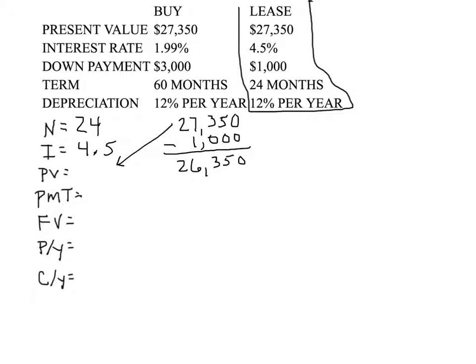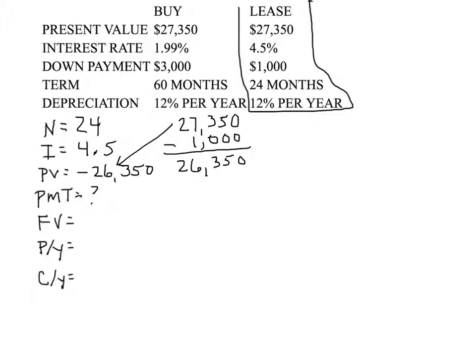So your present value, we always make that a negative, will be negative $26,350, because we took the original present value and subtracted the $1,000. Payment, we're going to try to find. We have to find the monthly payment to get to the total cost, so we'll leave that blank.